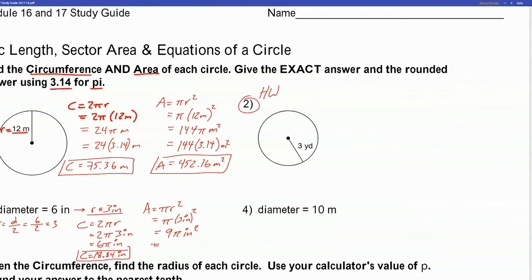Again, use 3.14 for pi, so 9 times 3.14, and you should get for your area 28.26 square inches. Sorry, that's a square up there. It's a terrible 2, I know. All right, number 4. That's on you. Same process as number 3.